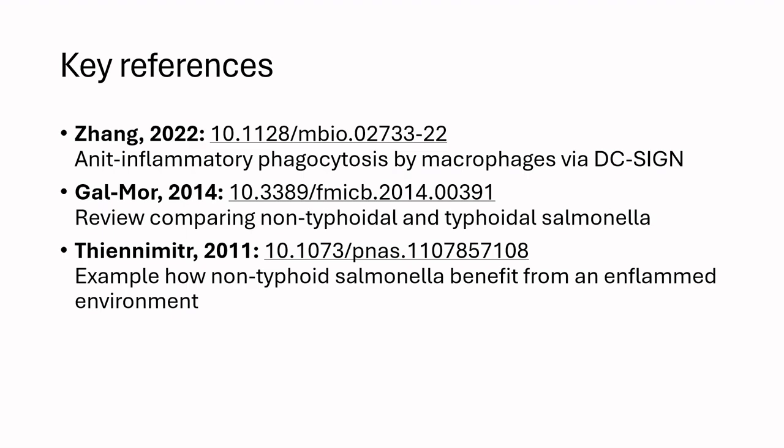And the third one is further reading. I mentioned briefly that the non-typhoidal Salmonella in a way deliberately cause this local inflammation, and this paper shows an example of how these non-typhoidal Salmonella benefit from this inflamed environment.